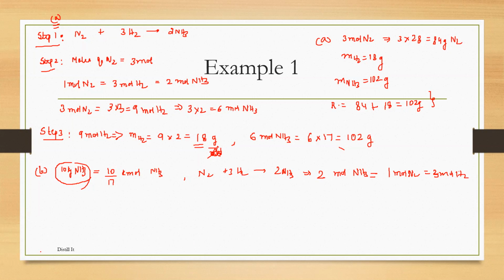Therefore, 10 by 17 kilomoles of ammonia is actually equal to 10 by 17 into 1 by 2 kilomole of nitrogen, right?